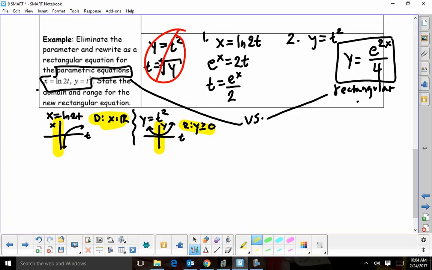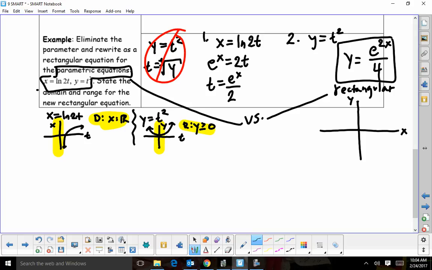Now let's come over here to my rectangular. What's going to happen here? So let's graph this, and now we are in xy. Yeah?